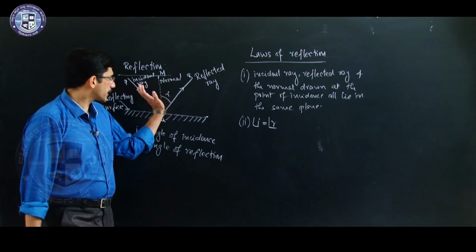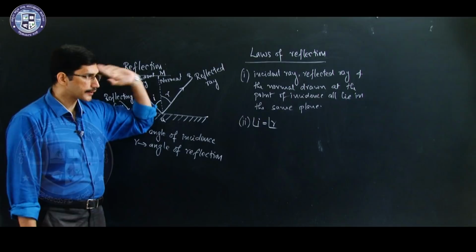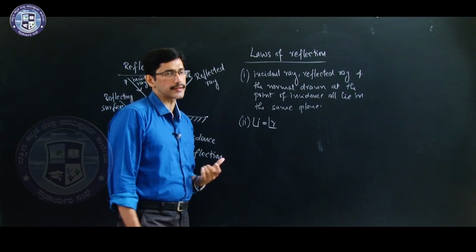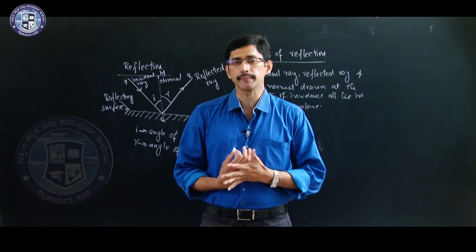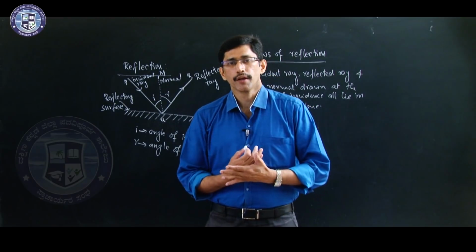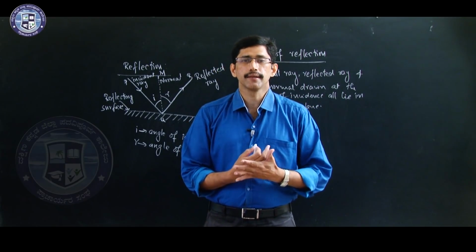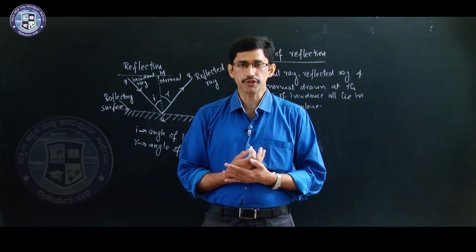And suppose image formation takes place because of this reflection, then the image formed due to reflection from the plane mirror is always a virtual and erect image. If you stand in front of a plane mirror, you observe that the image formed is erect, and it is a virtual image.